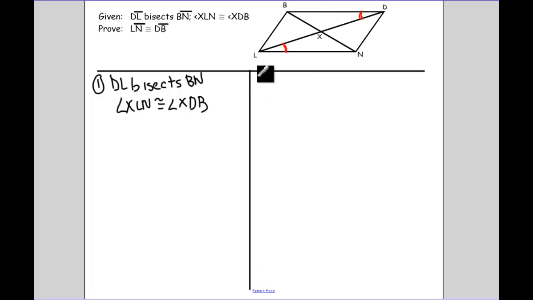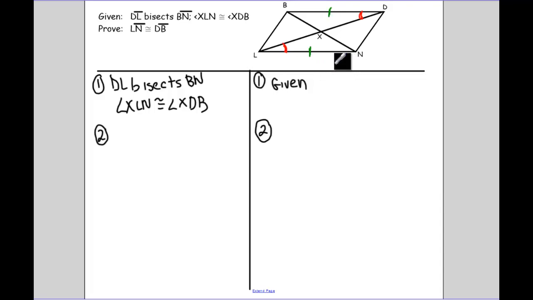Okay, our first reason is always that we are given. Now, two things I want you to think about. First, with your proofs, always think about where you're going. I'm trying to get LN congruent to BD. So I'm trying to get those segments equal.